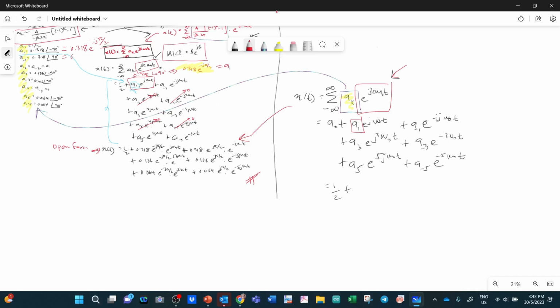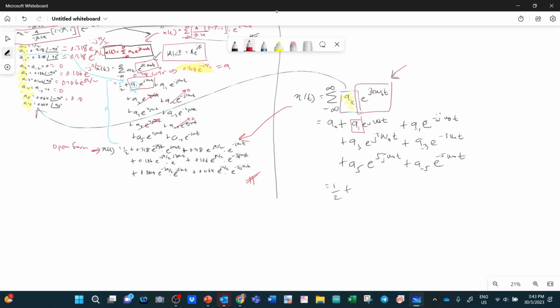So you have 0.318 e^{jπ/2} for a_{-1}. For a3 it is 0.106 e^{-jπ/2}, and for a_{-3} it is 0.106 e^{jπ/2}.